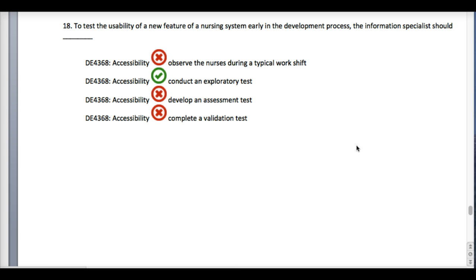But an exploratory test is conducted early during the development or redesign phase, after very basic designs have been created. So this is the answer. Again, it's on page 183, and a quick search of the index should be able to help you find questions if you do not know the answer.